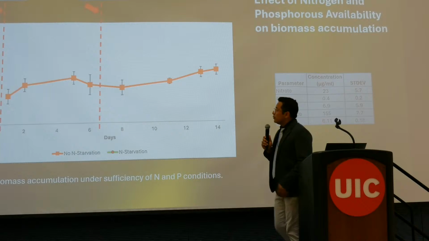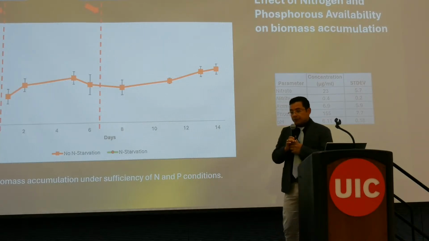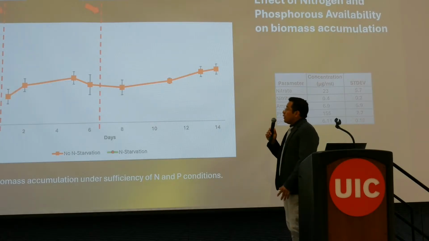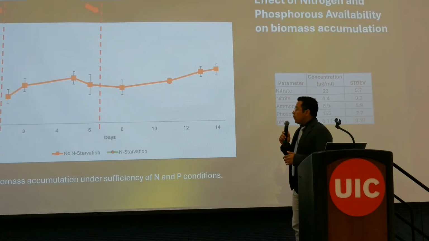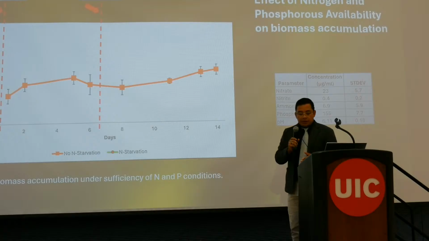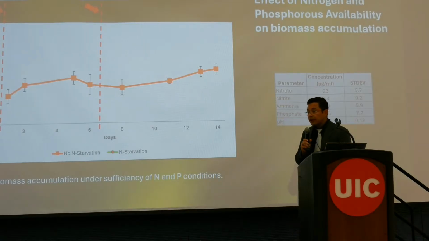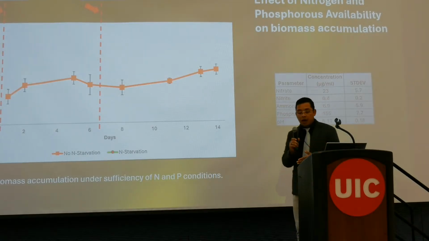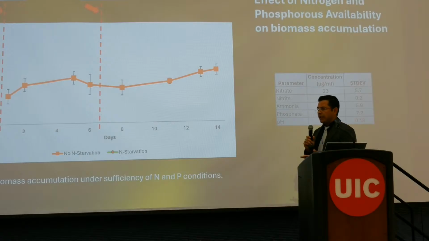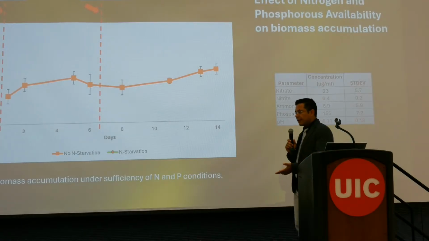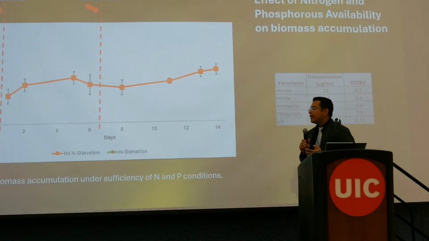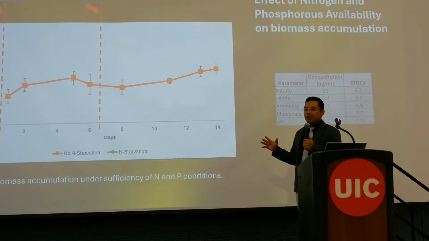Here I'm presenting you a chart of the biomass accumulation over time. As you can see, since the nutrient content of the wastewater used in this study was low in nitrogen compounds, we thought of supplementing with more nutrients in order to make the microalgae get all the nutrients in general.